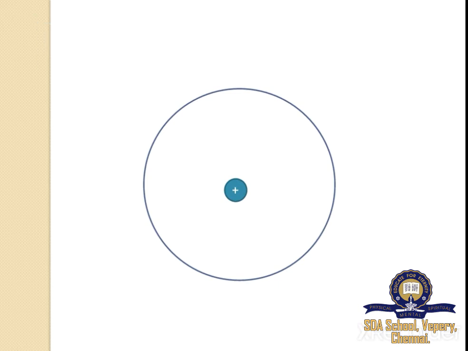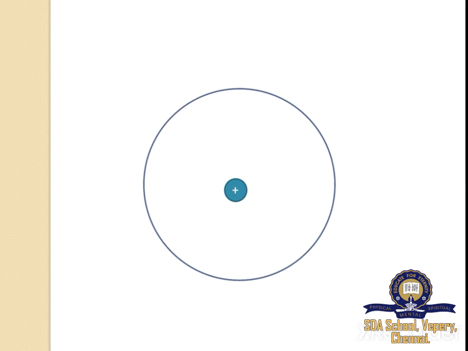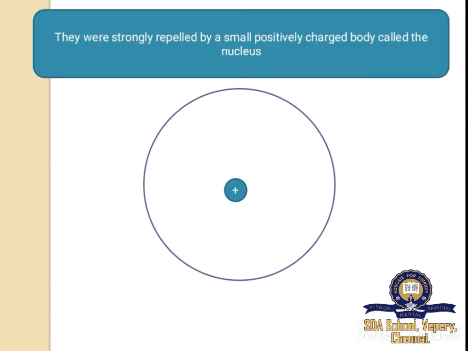Lastly, he observed that a few of the alpha particles were totally deflected back. Why? They might have traveled in a straight line towards the positive center, so they were strongly deflected back.